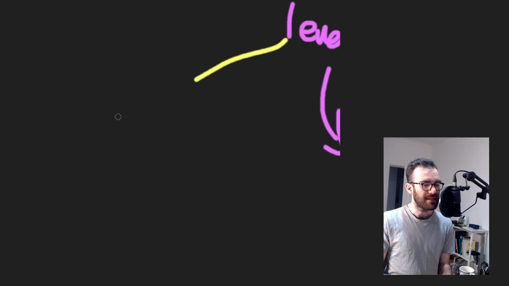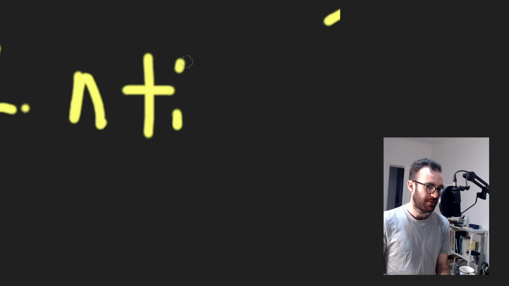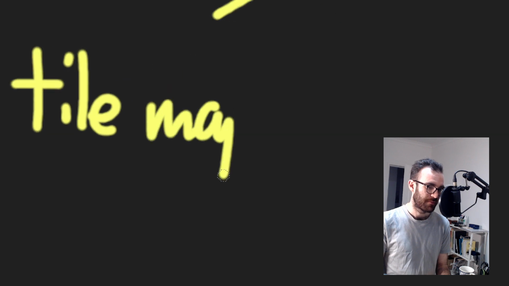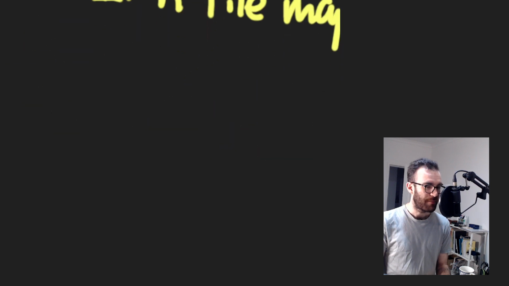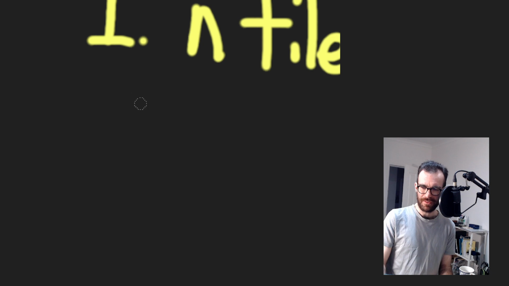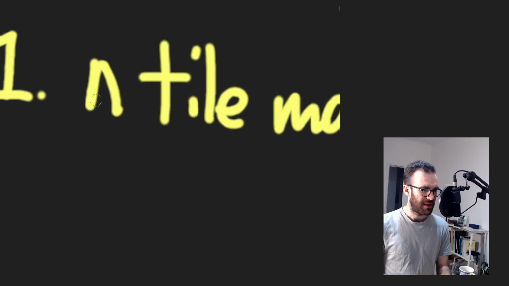Beautiful. Okay, so let's think about what we would need in a level. We would need a tile map, at least one. N tile maps. Where a tile map is a few different things, right?